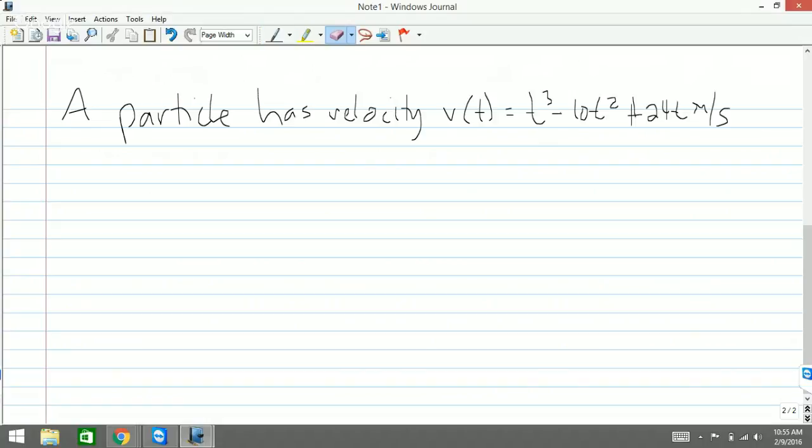So if I have this particle from time 0 to 6, let's do the displacement over the time 0 to time 6.